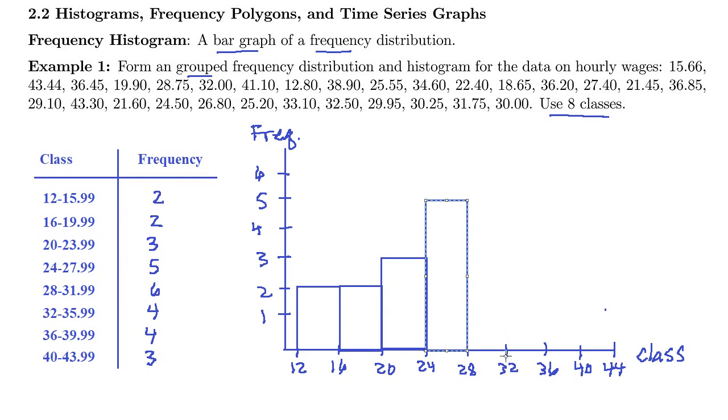Height 6 between 28 and 32. Height 4 for both of the next two classes, so we've got height 4 here, and then another box of height 4. And our last one, height 3, between 40 and 44. And that is our frequency histogram for salaries.